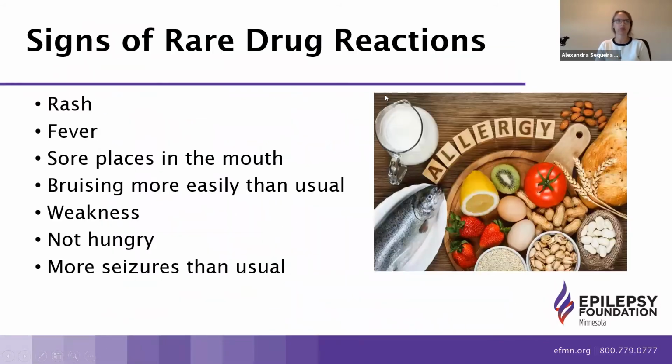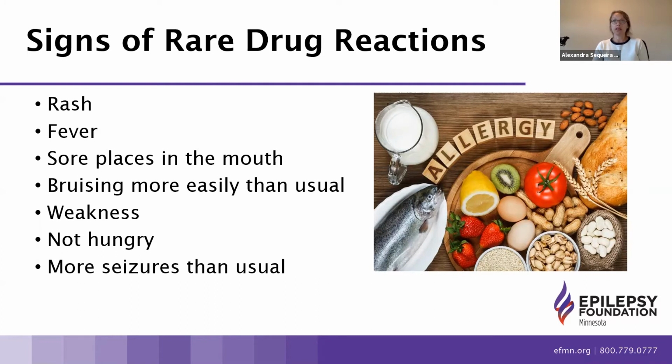So again, just going through the different meds. Signs of rare drug reactions. Some reactions can be minor, a little bit of a headache, a little bit of nausea, but there are some more severe signs and symptoms to be aware of. Rash is something that we counsel on a lot.